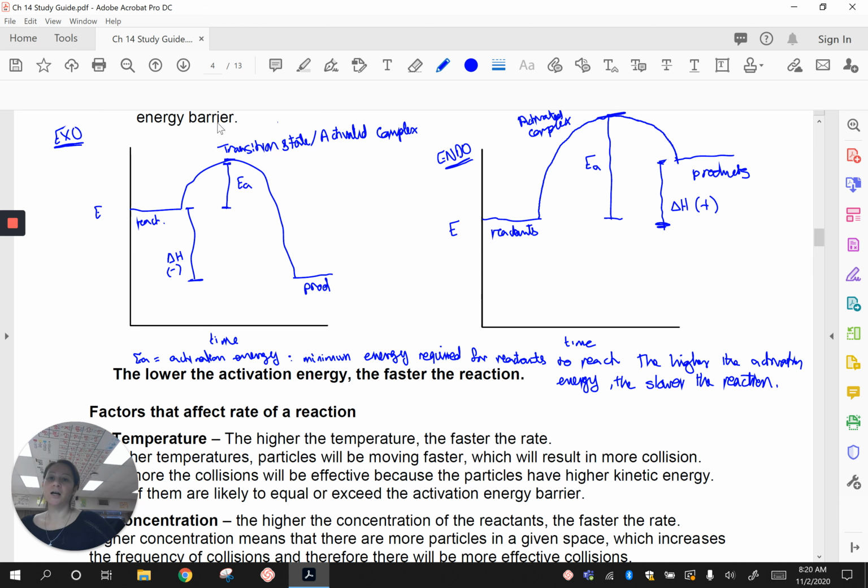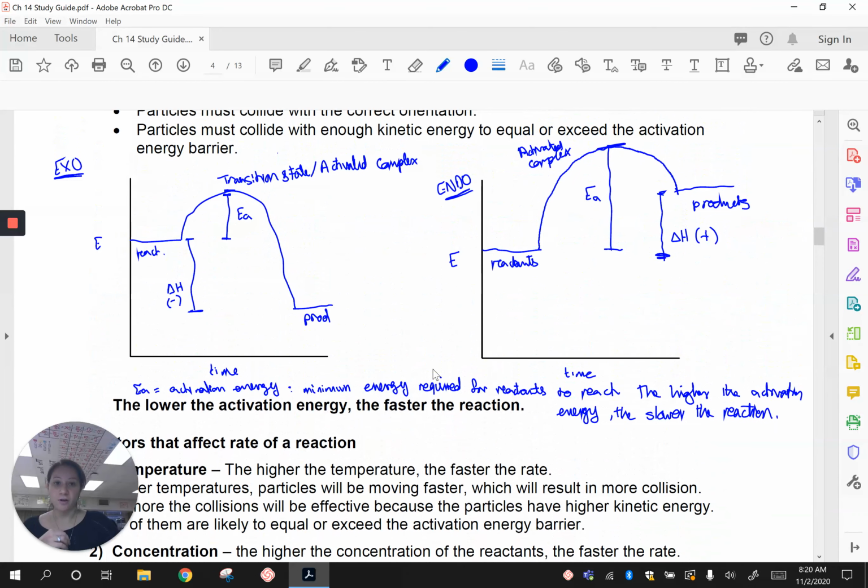And so this is part of why exothermic reactions are a little bit more favorable than endothermic reactions. Of course it depends on what the reaction is, but usually if you look at the reaction and its reverse, so going from reactants to products versus products to reactants, you will see that the activation energy is lower if it's an exothermic process versus an endothermic process going the other way. And that's why these usually happen a little bit faster.